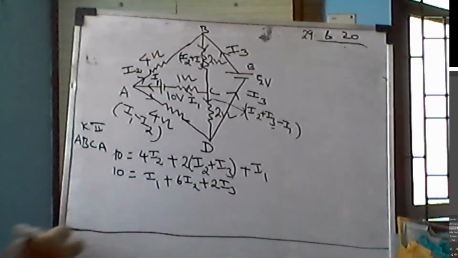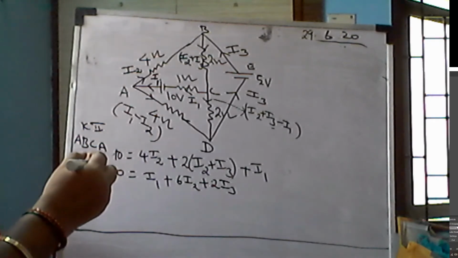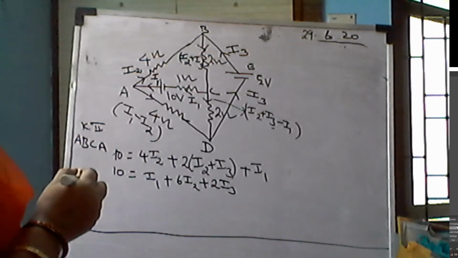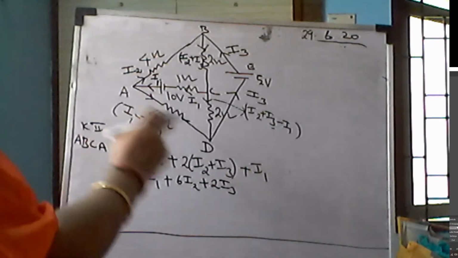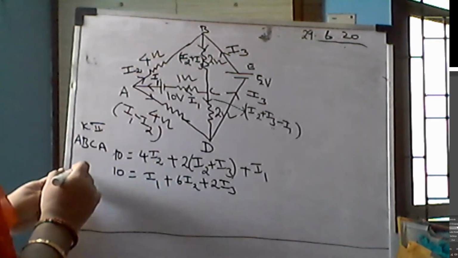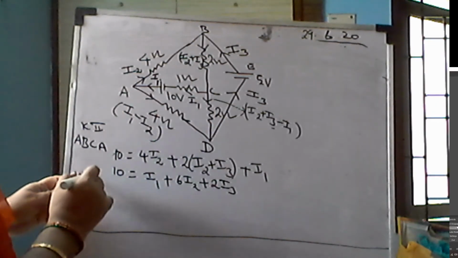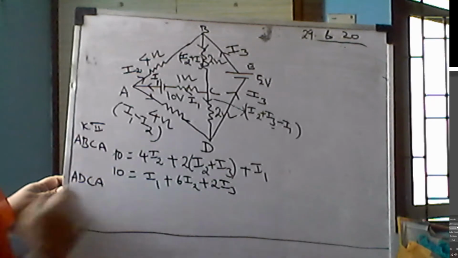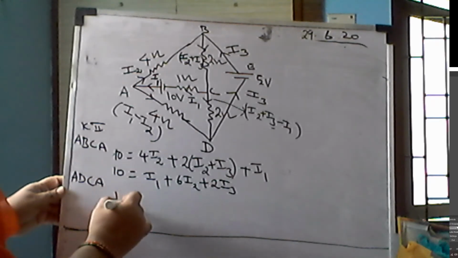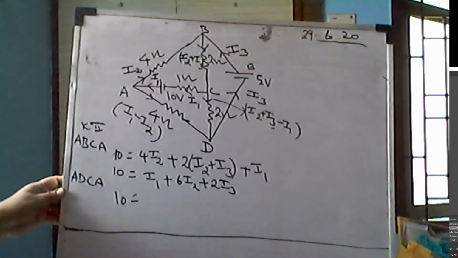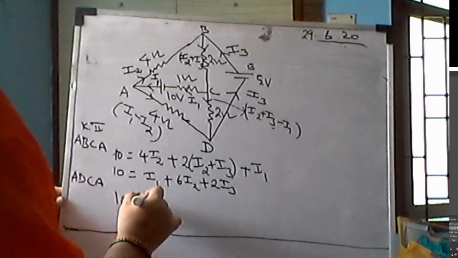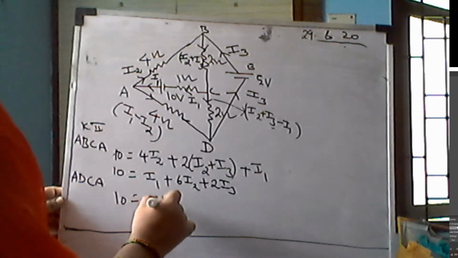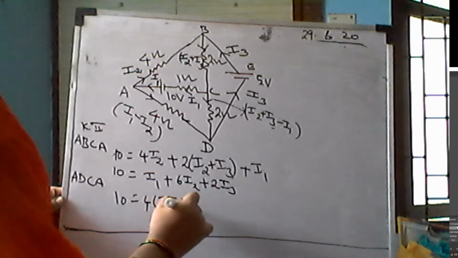The other equation: you can apply for the mesh A, D, C, A. Now again 10 equal to, here you can write 4(I1 minus I2).